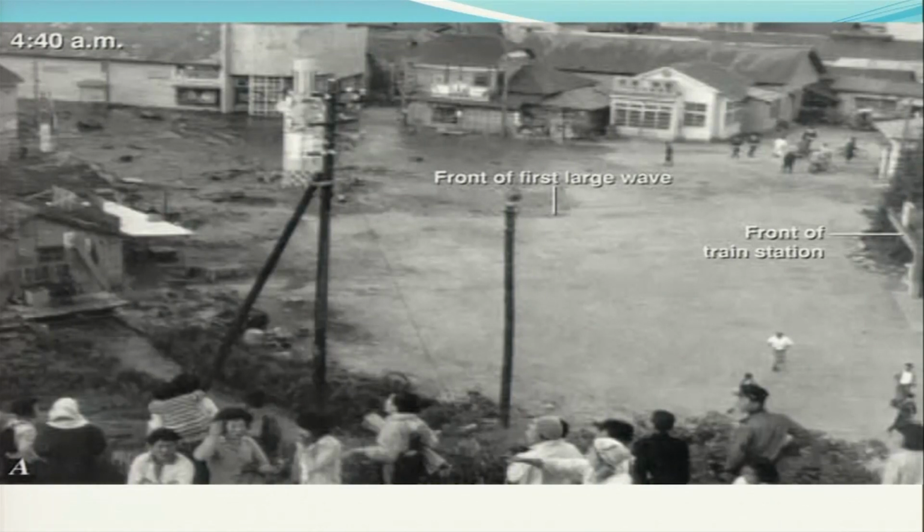Now this photograph is from Japan, and as I was saying, the word tsunami was coined by Japanese people, so they had, and still have, a better understanding than all of us, because they have such events occurring very frequently in their area.